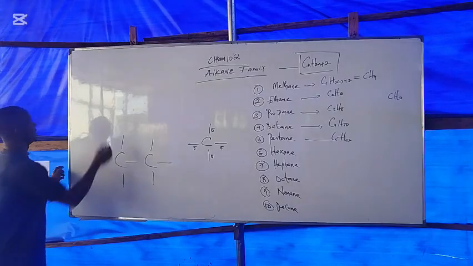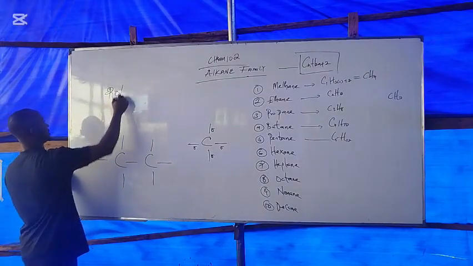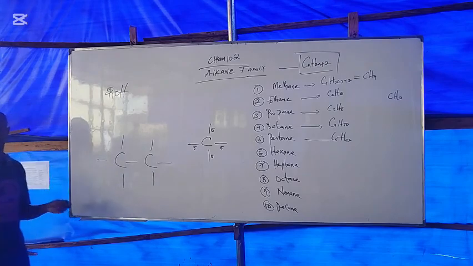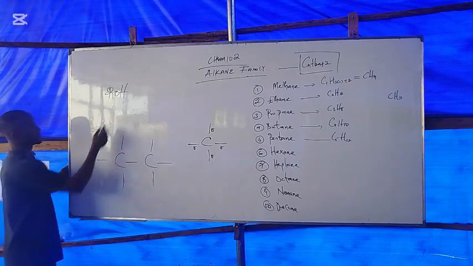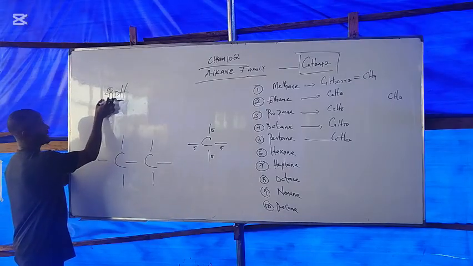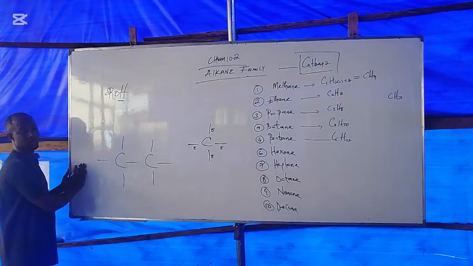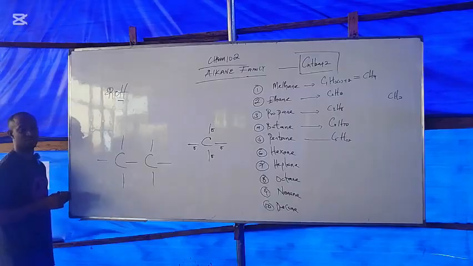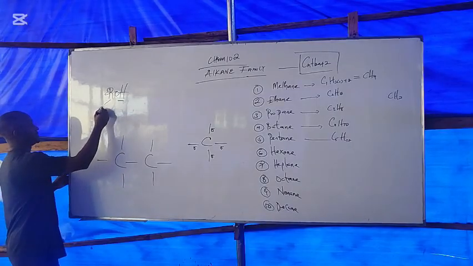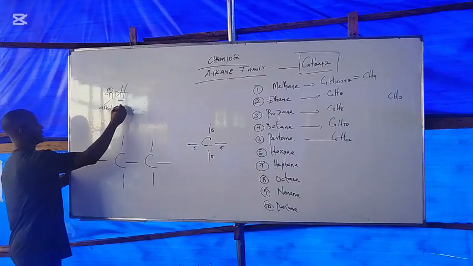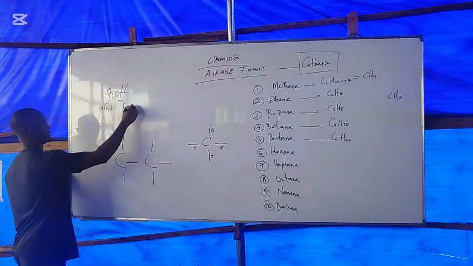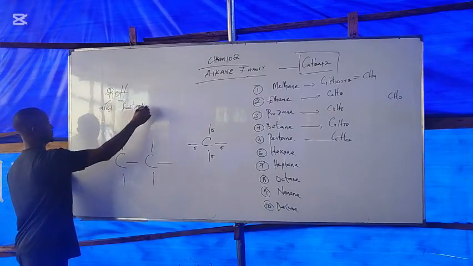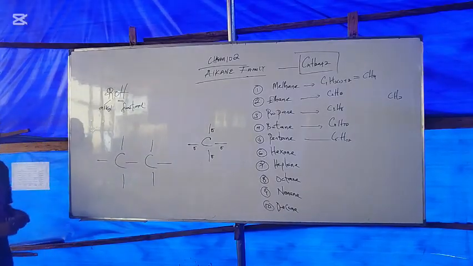For example, if we have ROH, we know this is an alcohol. The functional group is OH, while R is the alkyl group. We have the alkyl group and the functional group. Is it making sense now?